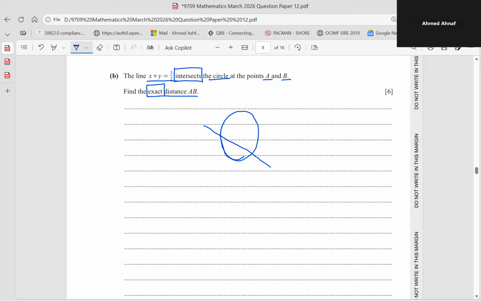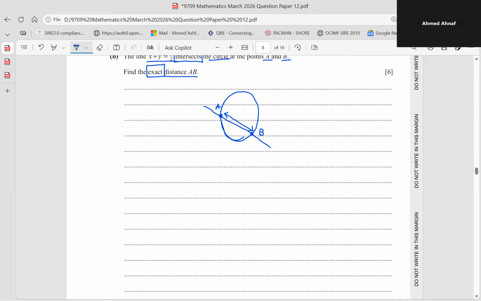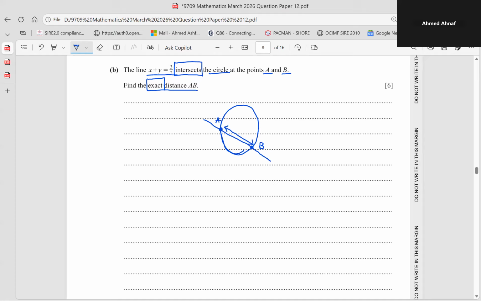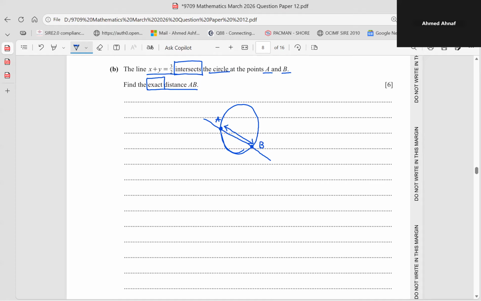So this is the rough sketch, and these 2 points are points A and B. We're told to find the length of this line AB. So let's find the coordinates of these 2 points first.